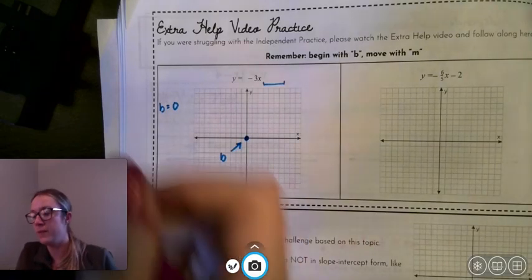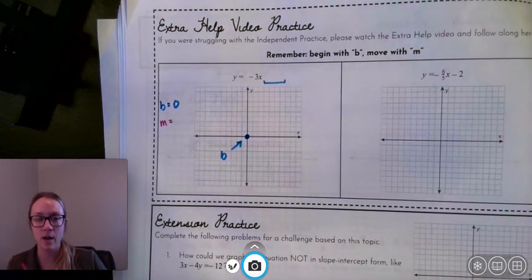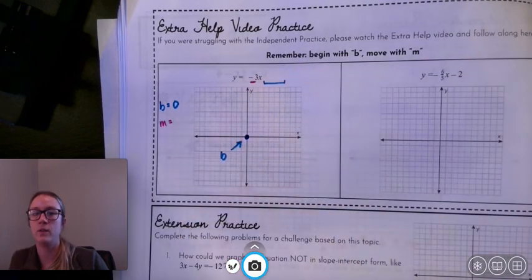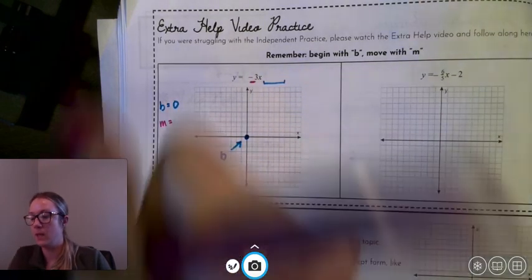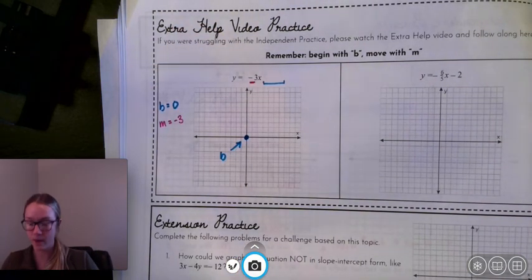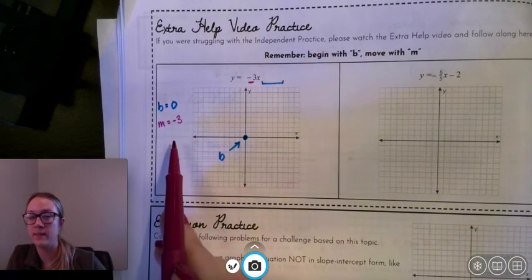Then I want to move with m, and my m is the number in front of our variable x, which is this negative 3. And so this is the second thing that could throw us off. It's not written as a fraction, and so we need a rise over run, and so we want to write this as a fraction.